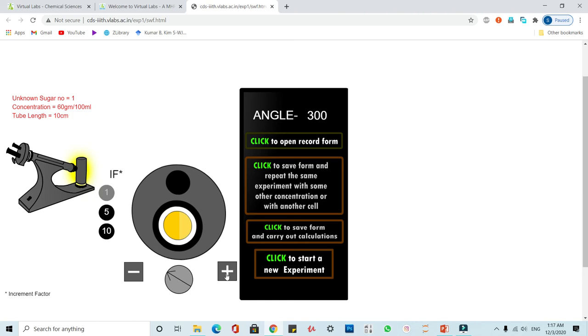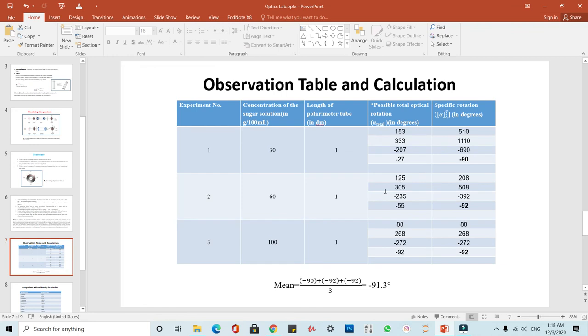So we can predict that the value of our specific rotation, which is common among these three concentrations, is around minus 19.3 degrees. So we will compare it with the standard table. As we can see, D fructose has the value nearest to this.